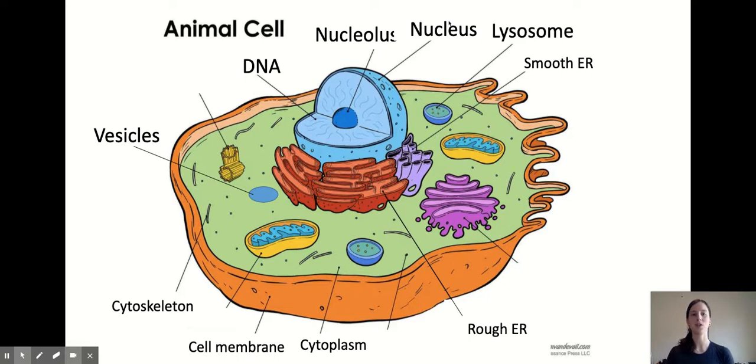So an example of a time that we need cell death to happen is actually while we're developing. So your hand, you don't actually start off with separate fingers. You start off with like a paddle hand. And then what happens in the uterus is there's a chemical released, a series of chemicals, and what that tells your cells to do is die in specific places.